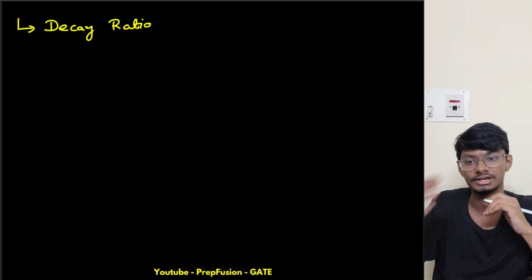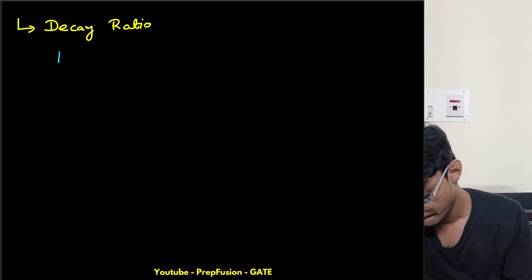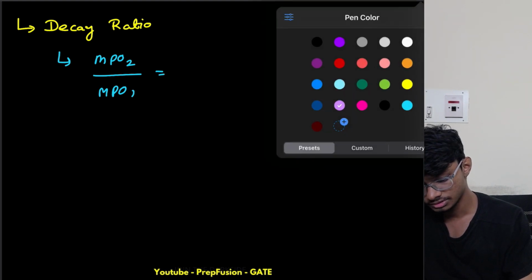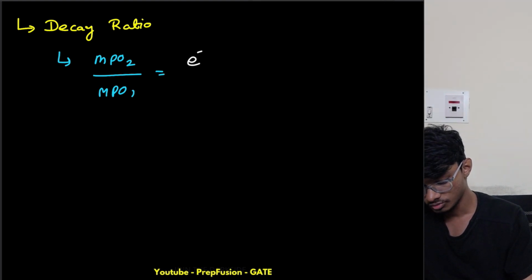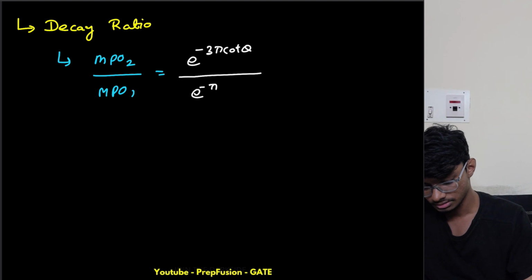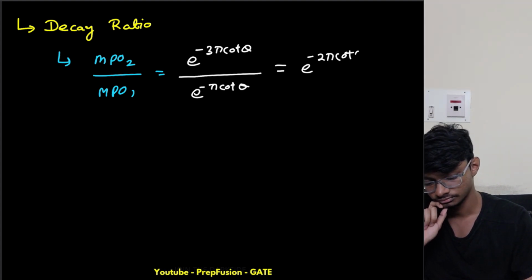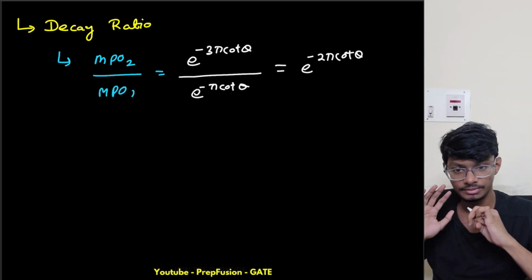So basically it is the ratio of MPO 2 divided by MPO 1. What is this equal to? This is e raised to power minus 3 pi cot theta divided by e raised to power minus pi cot theta. So my decay ratio equals e raised to power minus 2 pi cot theta.